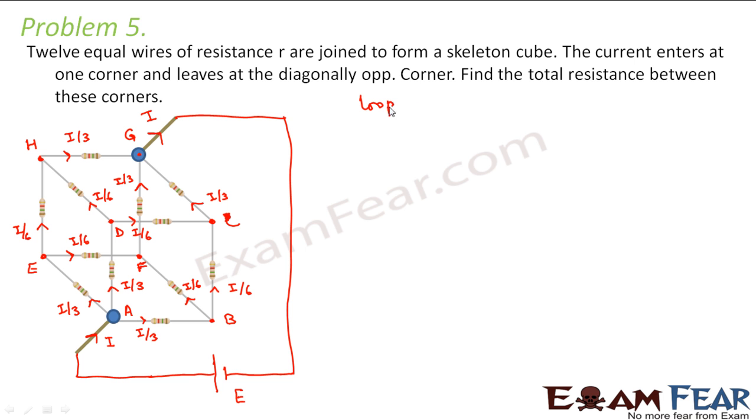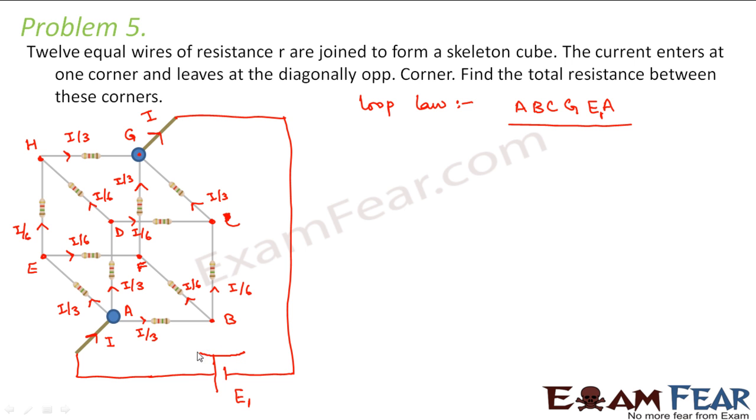Let us apply the loop law to the circuit A, B, C, G, E, A, that is, this closed circuit which includes this EMF. I'm sorry, this is not E, let us call it E1.